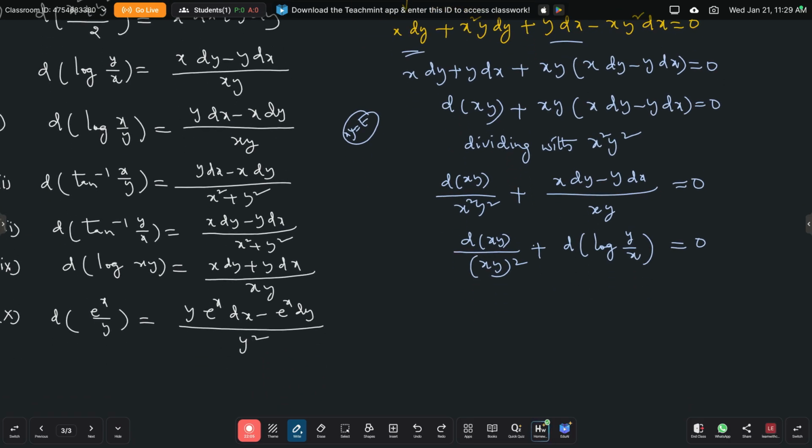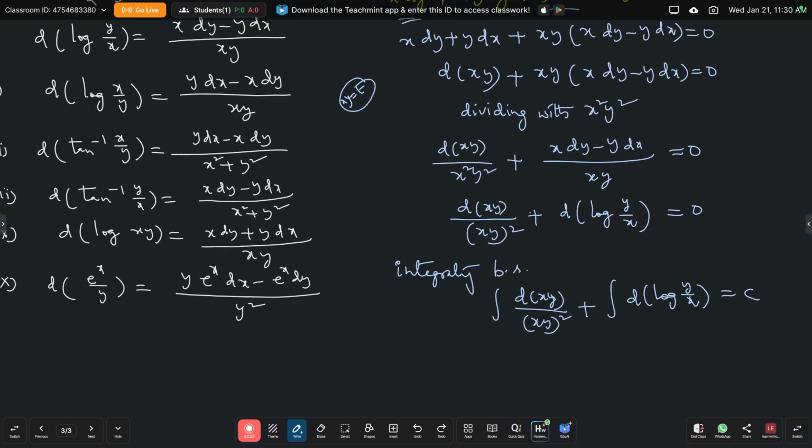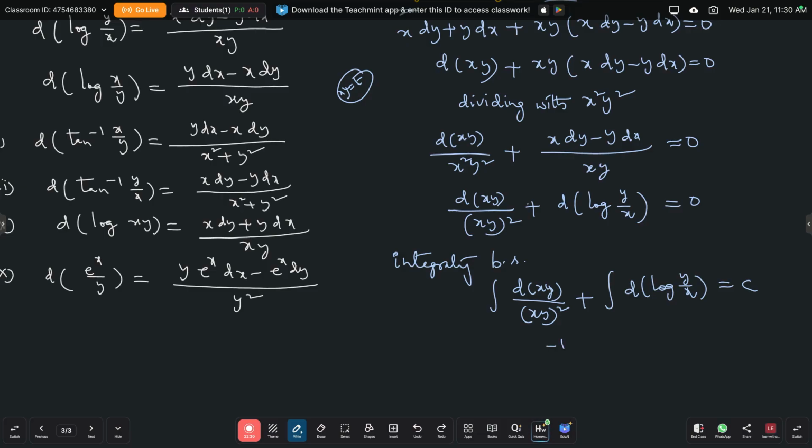Now, integrating both sides: d of xy by xy whole square plus d of log y by x equals some c. Now what is our answer? dt by t square gives minus 1 by t. What is our t? xy. So minus 1 by xy, plus, as integration and differentiation cancel, log of y by x equals c. So this is our general solution.